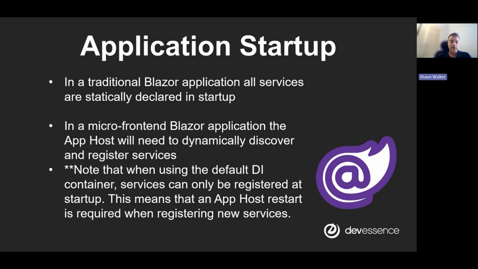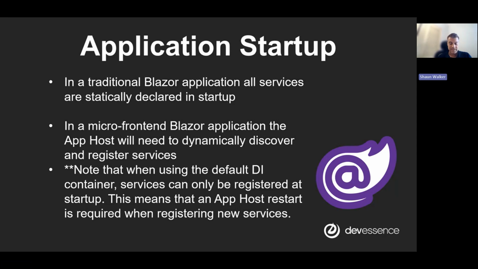I've included a note here, meaning if you're using the default dependency injection container that is part of .NET, services can only be registered at startup. So what this means is that if you are deploying a new micro-frontend, and that micro-frontend maybe contains some type of a service for calling a backend, the only way that you're going to be able to register that service is by restarting that front-end application, right?